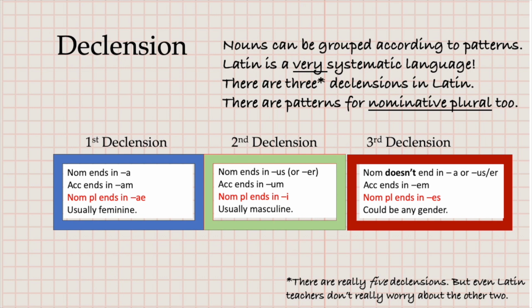The second declension ends in us, or occasionally er, and we've seen that in the accusative it ends in um, but in the nominative plural it ends in i, just the letter i on its own. The third declension, well, they don't end in a, or us, or er, they end in something else in the nominative singular. They go to em in the accusative singular, and then in the nominative plural they go to es.